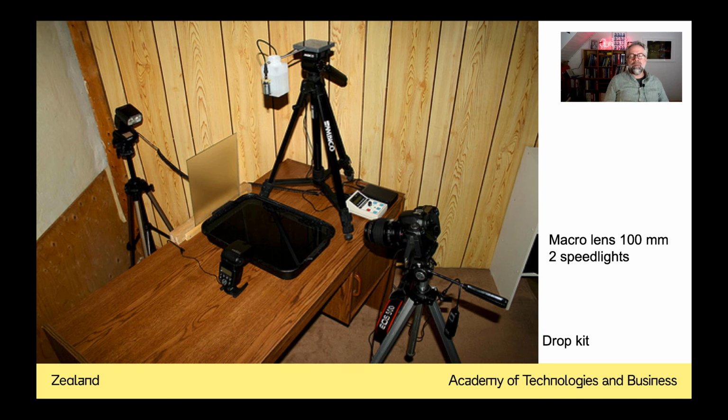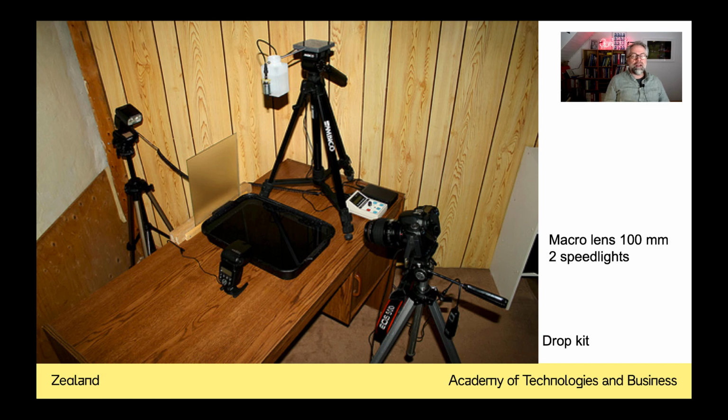I have brought an example of the installation you need to do in order to make these kinds of photography with high speed: syncable speed lights, a macro lens. In this example, it's 100 millimeters, so you really get close to the drop.